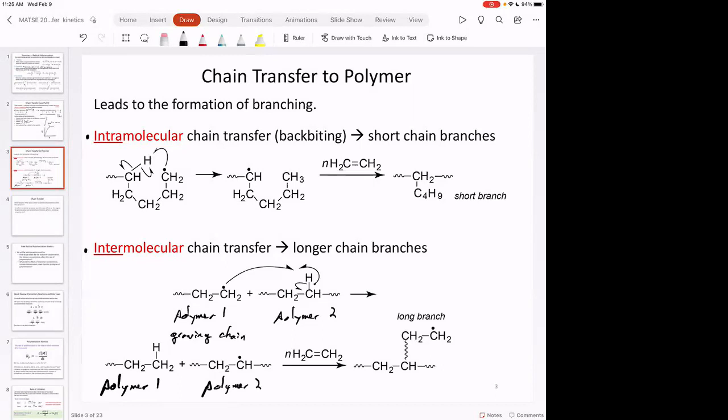And it just so happens that we're going to write the reaction with the monomer, because this is adding monomer. So if we bring in a monomer, we're going to basically make a growing chain from poly 2.